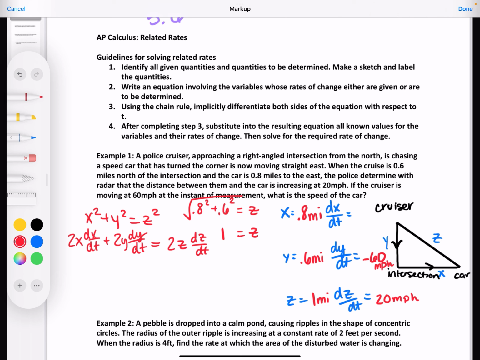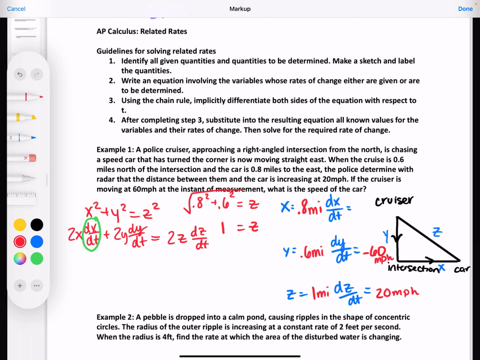The derivative, throw them out front. So then I want to solve for dx dt, so I need to get it by itself. I'm going to subtract this whole 2y dy dt piece over, and then I'm going to divide everything by 2x so that I'm left with just dx dt on this side.